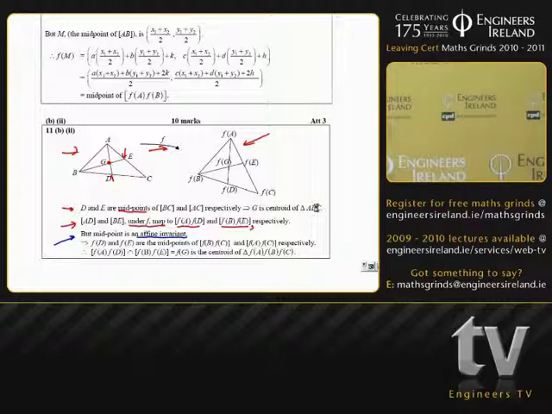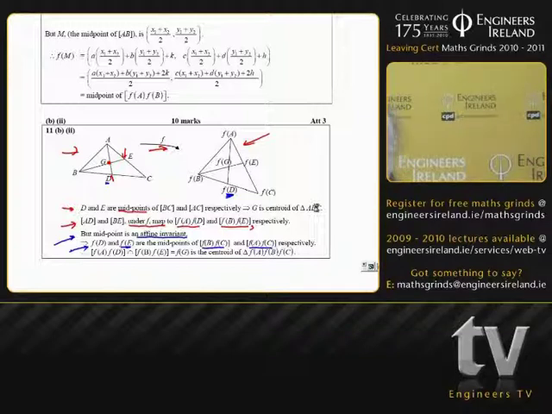And what that basically means is that f of d, the transformed d, where d got mapped to, and f of e, where e got mapped to, are the midpoints of f of b, f of c, and f of a, f of c. What's the argument?